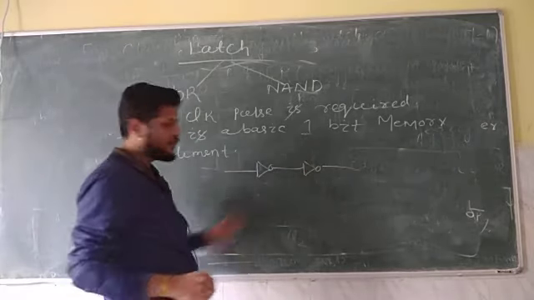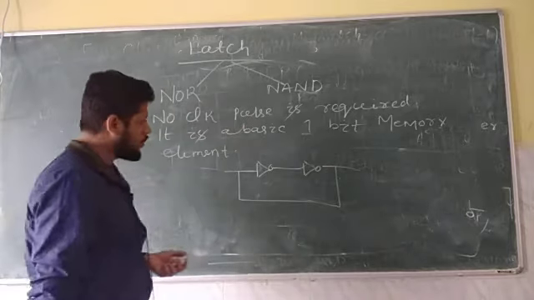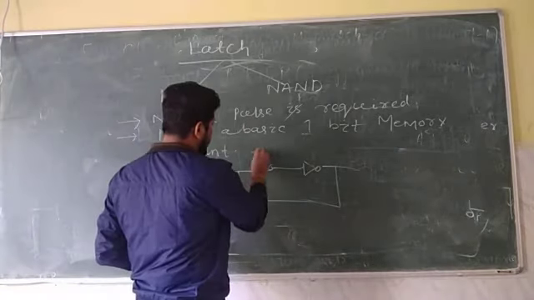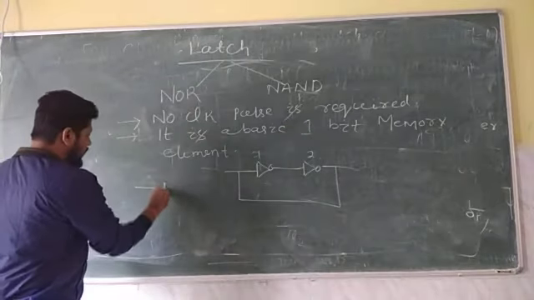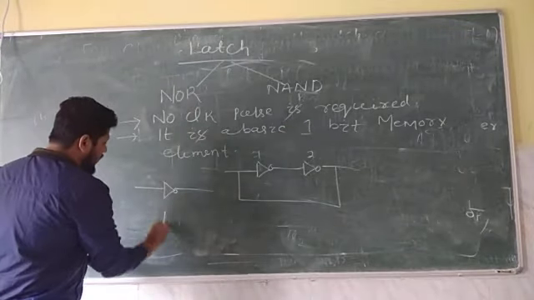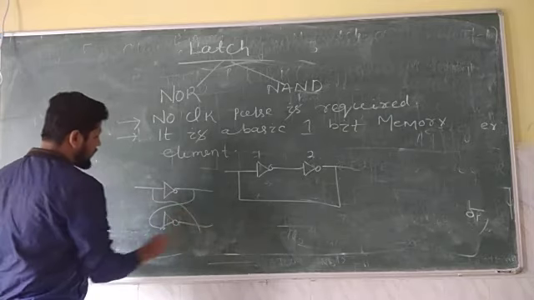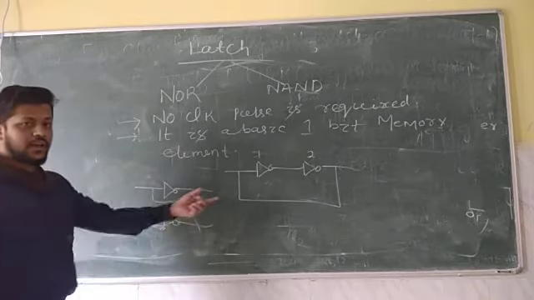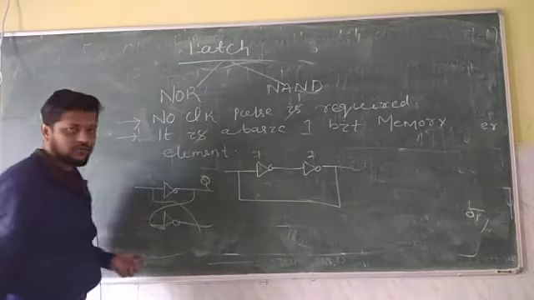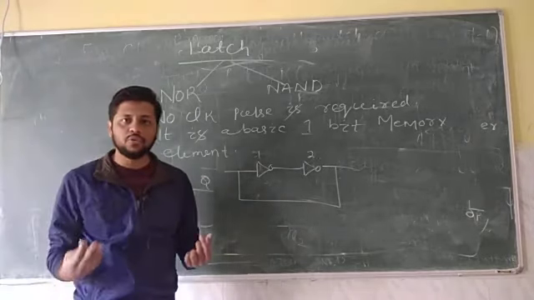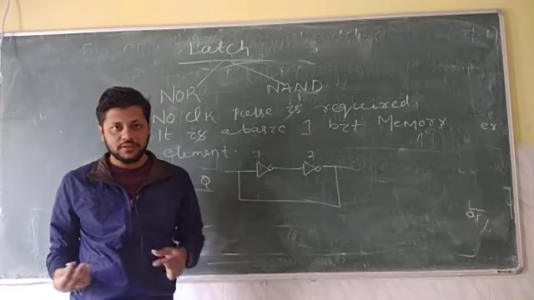This is your first NOT gate and this is your second NOT gate, with a feedback connected like this. I also explained that this circuit can be designed like this. Because in a flip flop or sequential circuit you always have two outputs, Q and its complement, Q bar.